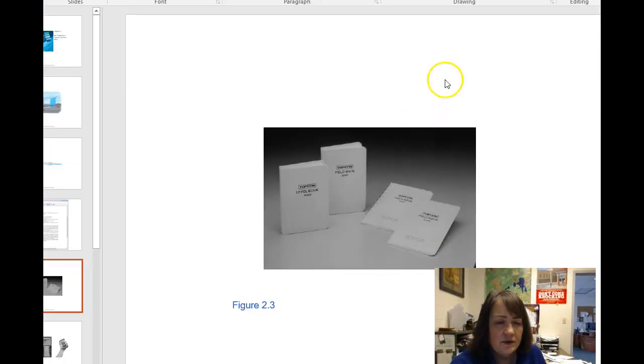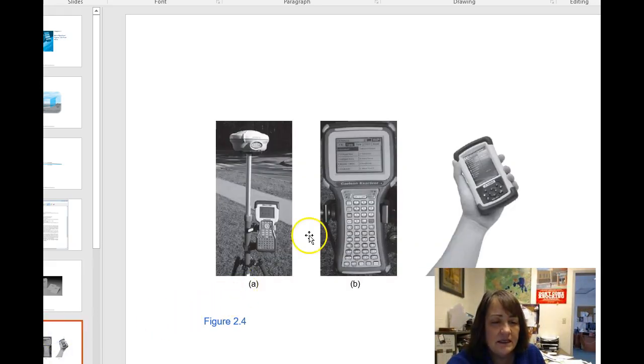All right, so if we take a look then, we continue. We talk about there are other ways to take notes besides just writing things in a book. Basically, this is an example of a global positioning or GPS unit, and there's a little handheld computer here that's a data collector.